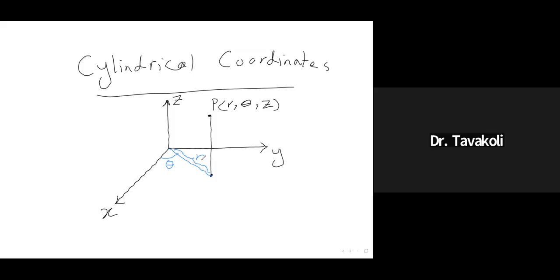Very similar to the polar coordinates, but here we have 3 dimensions. When we project this on the z-axis, this is the value of z. So these are the 3 coordinates that specify a point in the cylindrical coordinates.